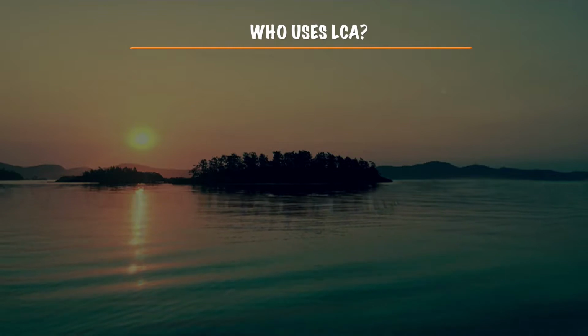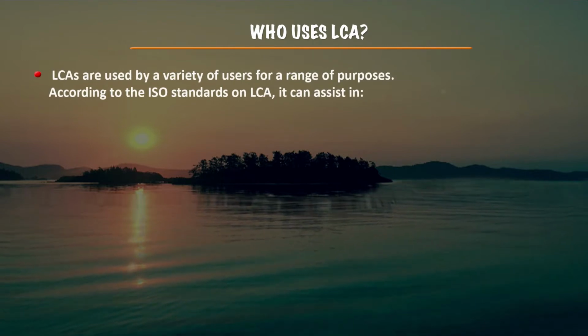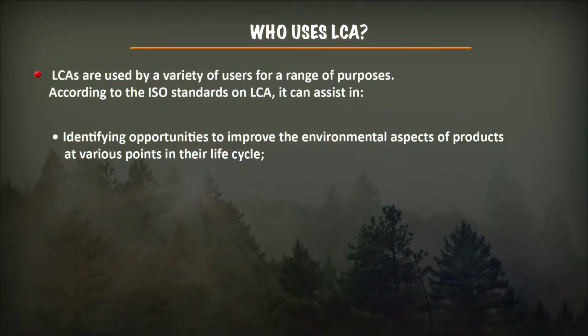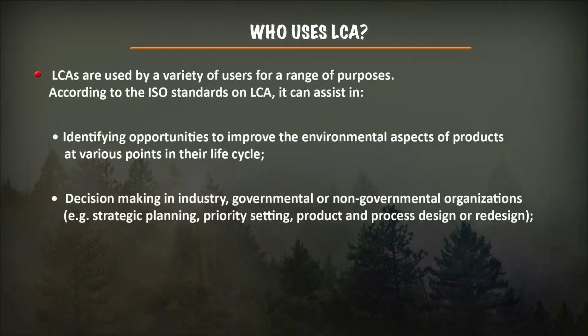Next, who uses life cycle assessment? It is used by a number of users for a range of purposes. According to the ISO standards, it can be useful for identifying opportunities to improve the environmental aspects of products at various points in their life cycles, and for decision making in industry, governmental or non-governmental organizations, for example strategic planning, priority setting, and product and process design or redesign stages.